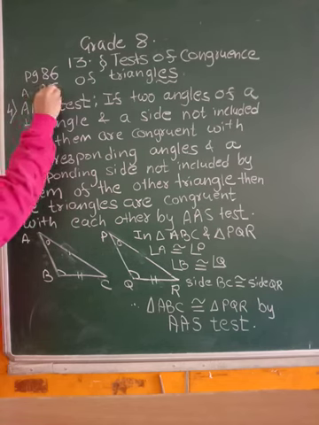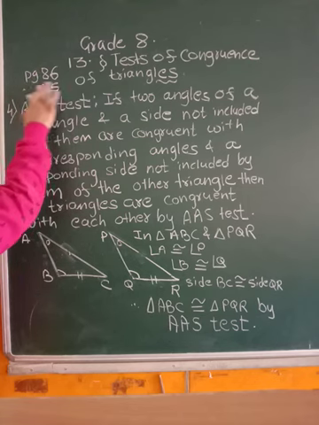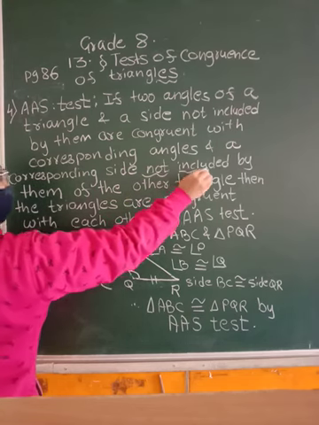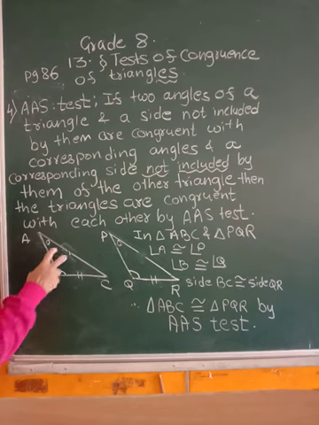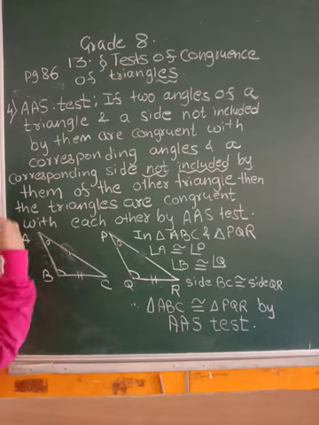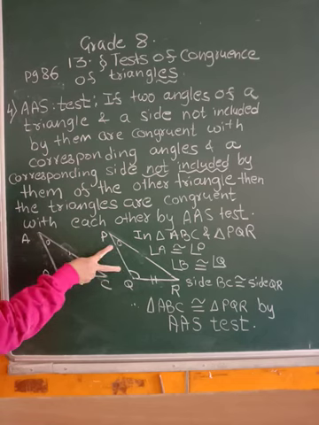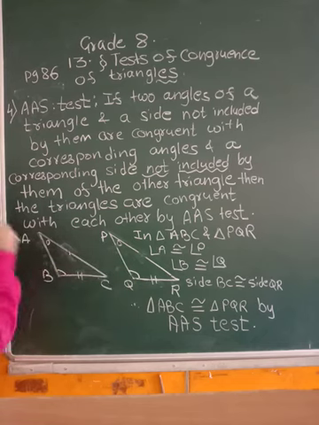If the side is outside, not between the angles, then it is the non-included side. So this word is very, very important. Not included. Okay? Fine? Or in your simple language, what you can say? Two angles and one non-included side of one triangle, when it is correspondingly congruent to the two angles and non-included side of the other triangle, then two triangles are congruent by AAS test.